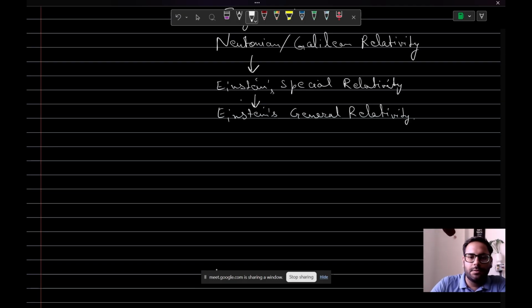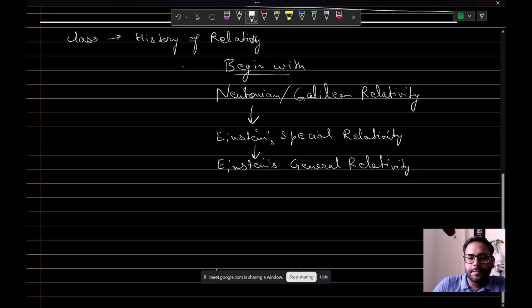Okay, so see that in a particular limit, Newtonian or Galilean relativity is a special case of Einstein's special relativity, and the particular limit is called the slow motion limit.